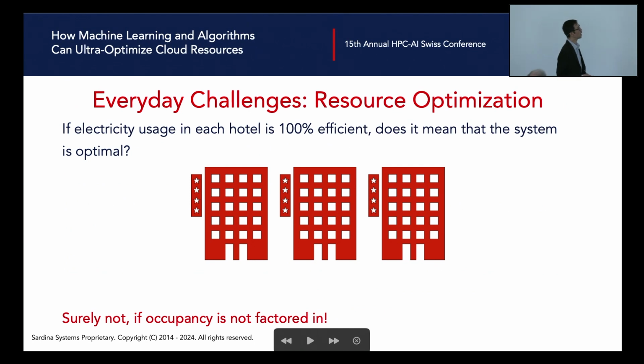So this is another view of looking at it. How many of you are familiar with OpenStack? I see a few hands up.